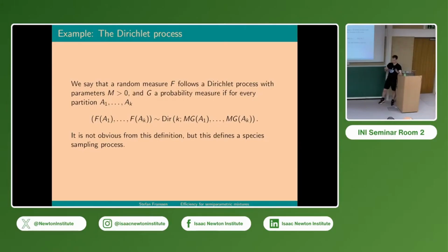Not bias in the sense that it's inconsistent, but bias at the finite-sample level. And for the parametric part of the parameter, that's just easy.